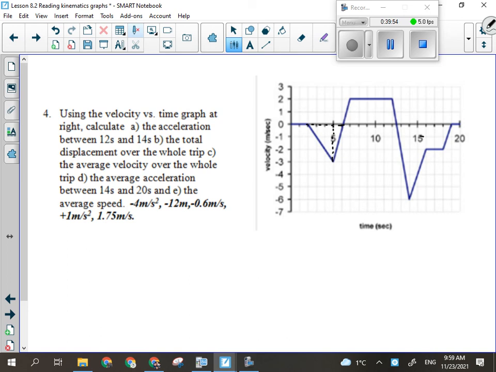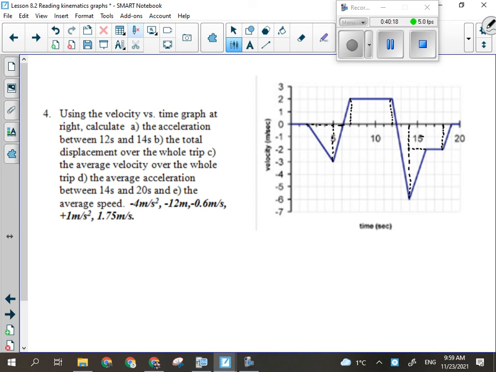We'd be looking at those two little triangles and this big rectangle in between them. Probably be looking at that triangle there, that triangle there, that rectangle, and that little triangle.